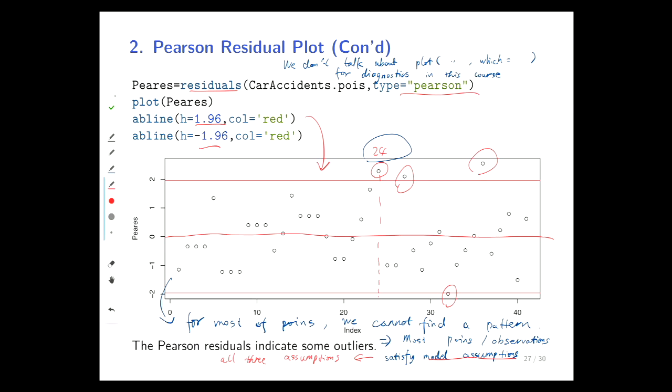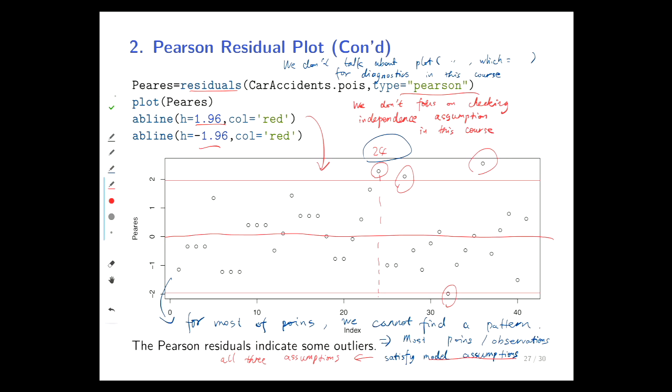So I think we do not focus on checking the independence assumption in this course. Basically, we haven't mentioned anything about checking the independence assumption.